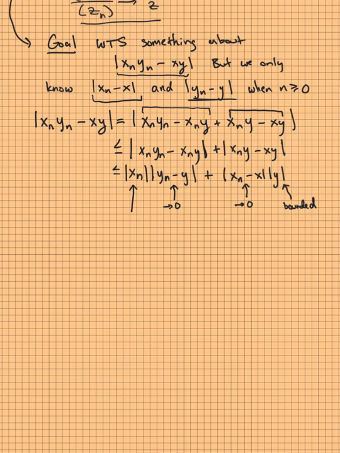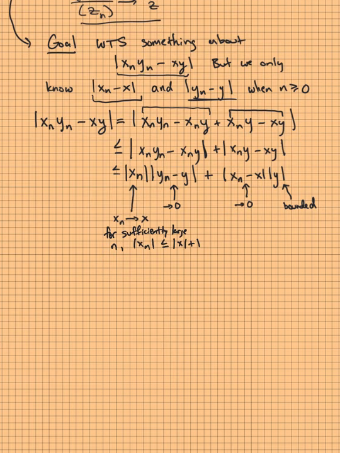What you might worry about is that this is going to 0, but this is going off to infinity. And then maybe this product isn't getting small. On the other hand, this is bounded, so xn approaches x. So for sufficiently large n, the absolute value of xn is less than or equal to, say, |x| plus 1.